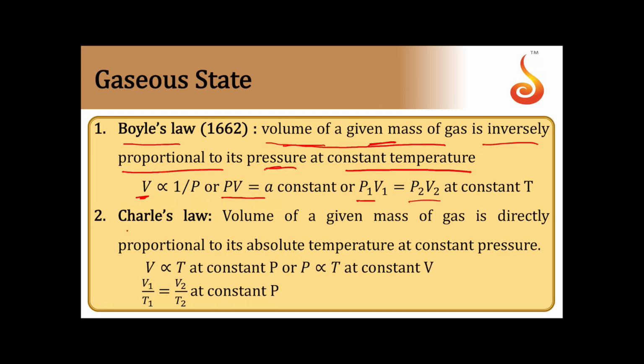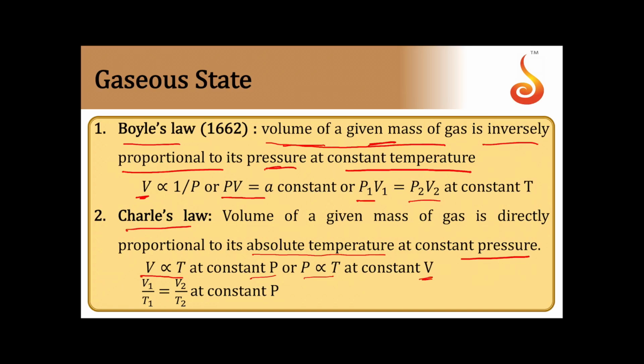Next comes Charles' law. The volume of a given mass of a gas is directly proportional to absolute temperature, and here the pressure of the gas is kept constant. So mathematically V is proportional to T at constant pressure, or we can say P is proportional to T, then volume must be kept constant.